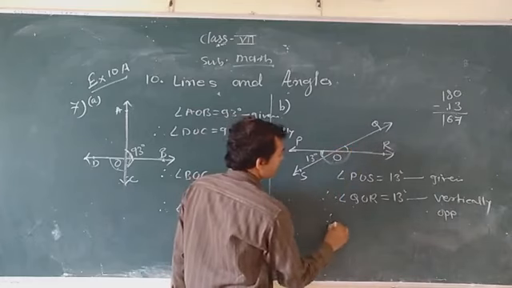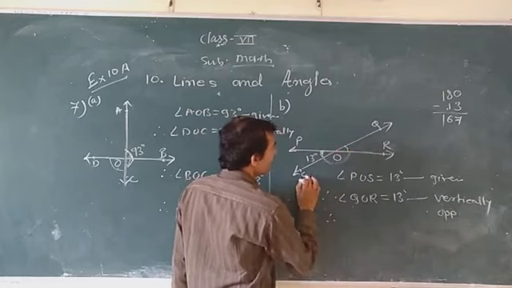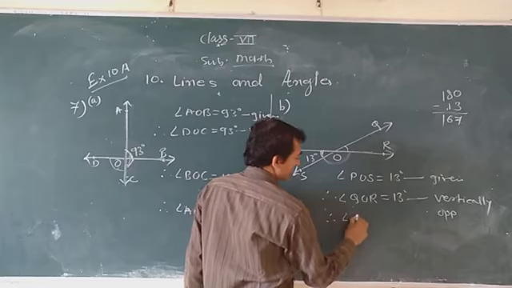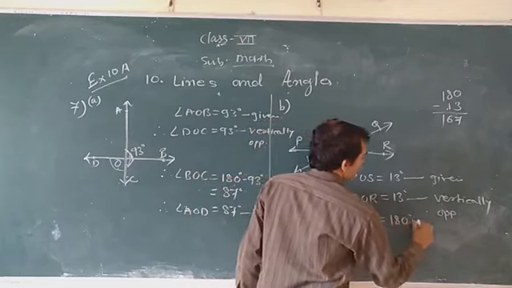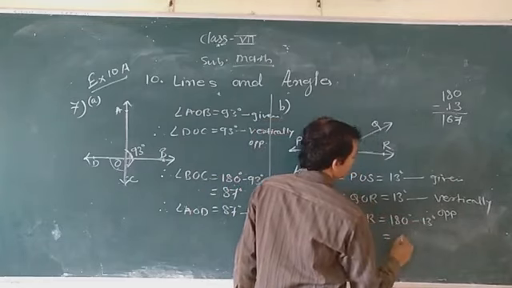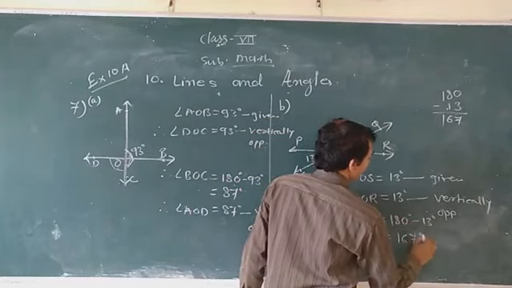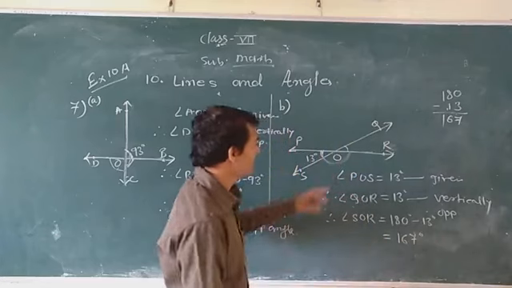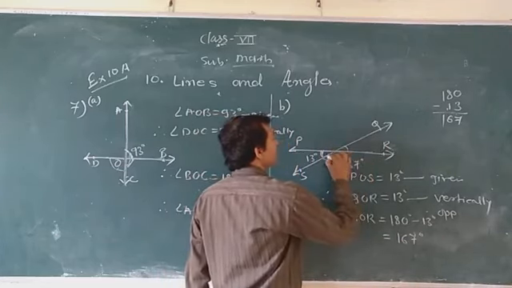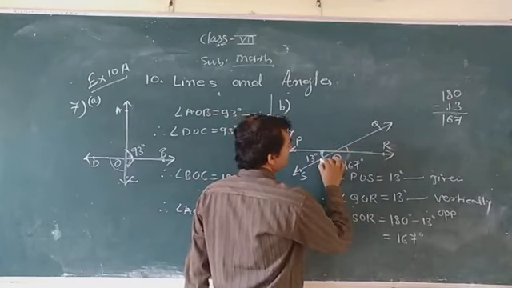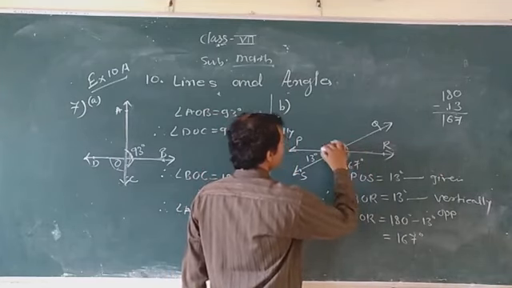So therefore angle SOR is equal to 180 degree minus 13 degree. This will be equal to 167 degree. Okay, this is 167. You can write here 167 degree. And this is the vertically opposite of this. Which one is the vertically opposite of this? This one.